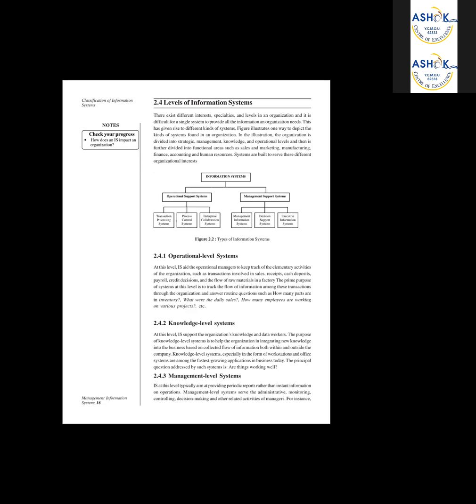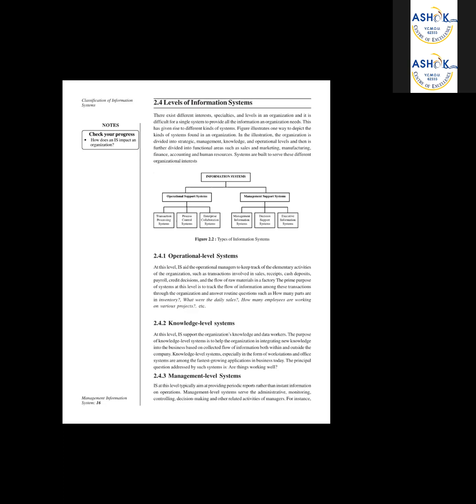The prime purpose of systems at this level is to track the flow of information among these transactions, and answer questions such as how many parts are in inventory, what were the daily sales, how many employees are working on various projects, etc.